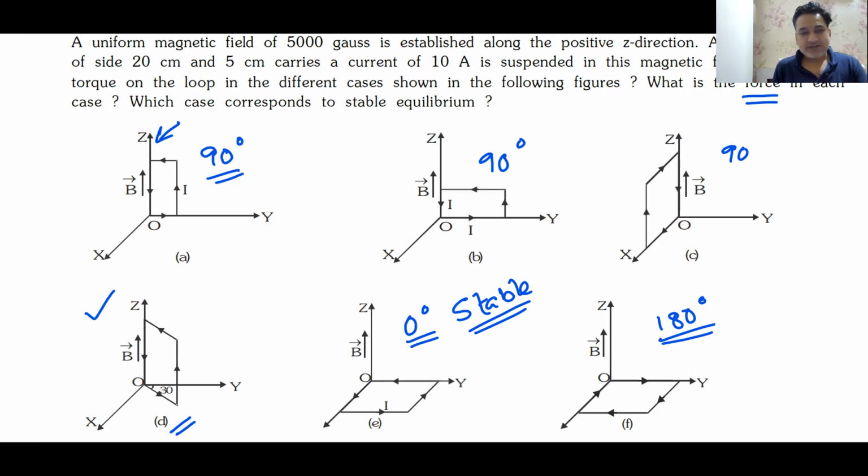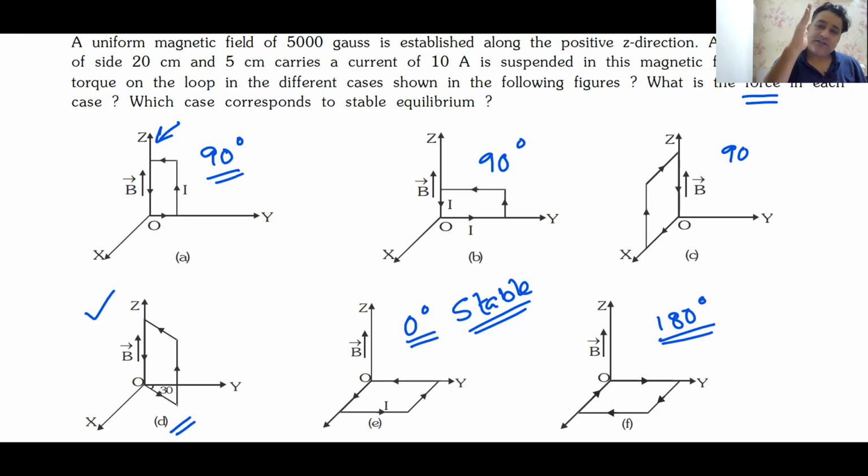Remember, how is the loop turned? If you look at the diagram, it is turned like this in the ZY plane, with an angle of 30 degrees. Now, if this loop was in the ZY plane, then the area vector would come out along the positive x-axis.